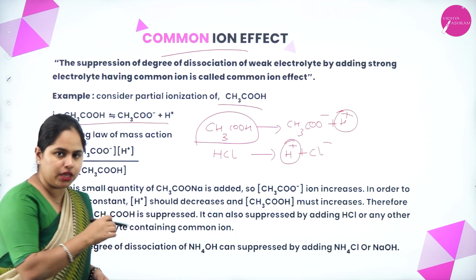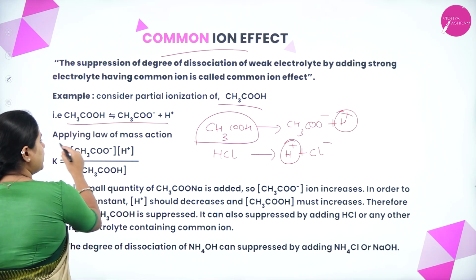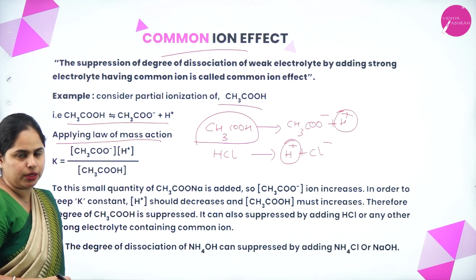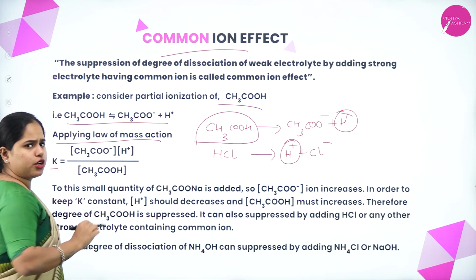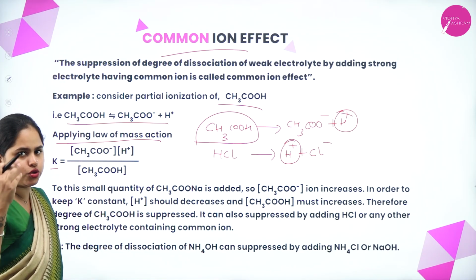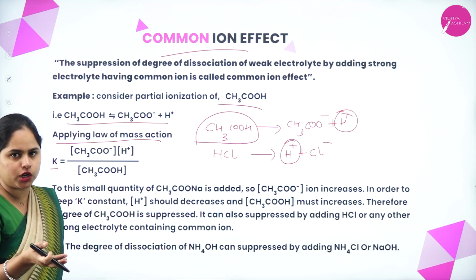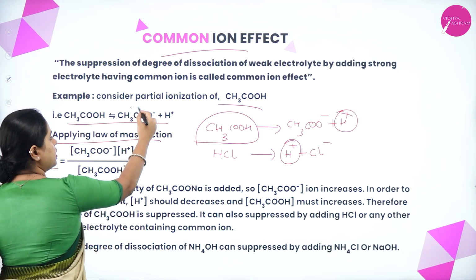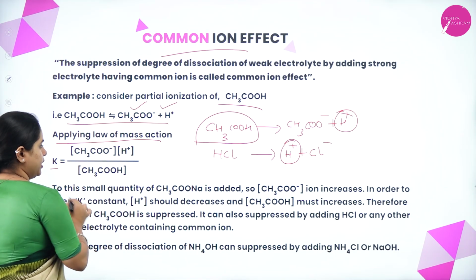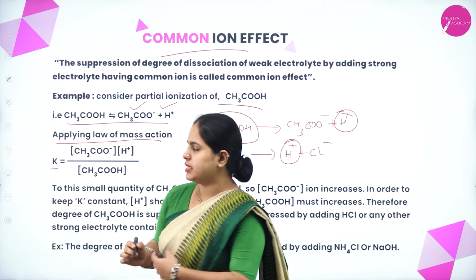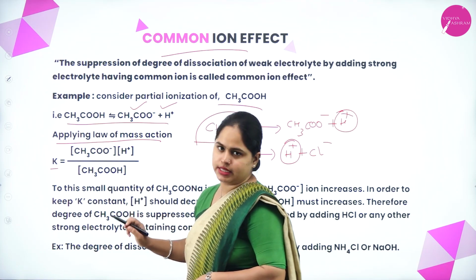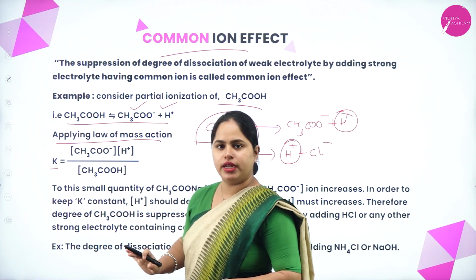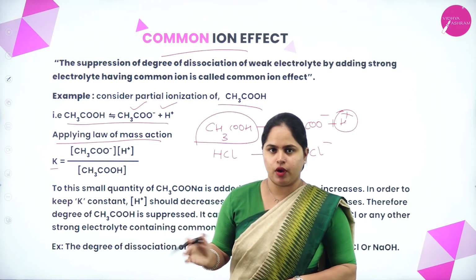Now how this is happening, we are going to see. Applying the law of mass action to this equation, how do we write the equilibrium constant? It will be the product of the molar concentrations of the products raised to their powers divided by the product of the molar concentrations of the reactants, right? Which are the products here? CH3COO minus and H plus, divided by the molar concentration of acetic acid. So this is how you write the equilibrium constant equation, which we already know.